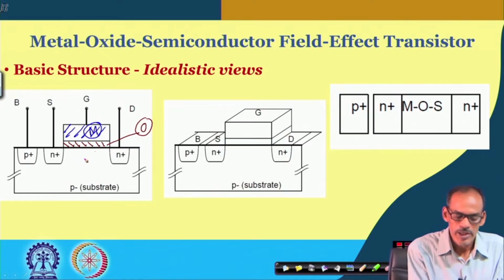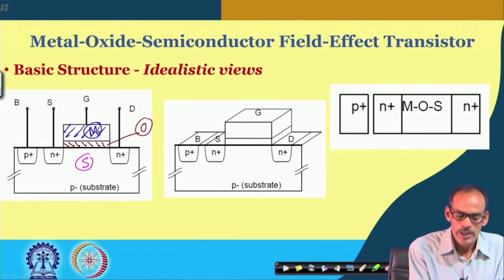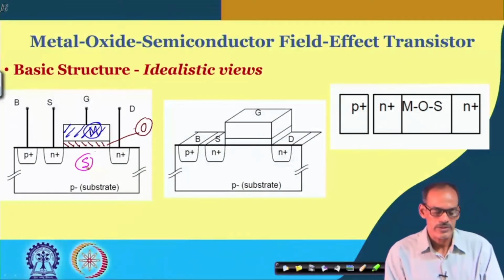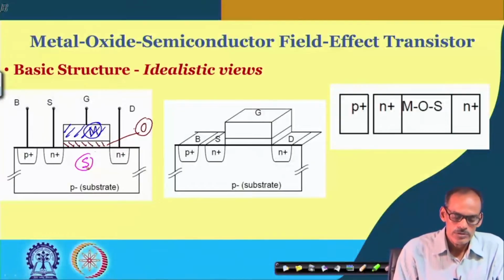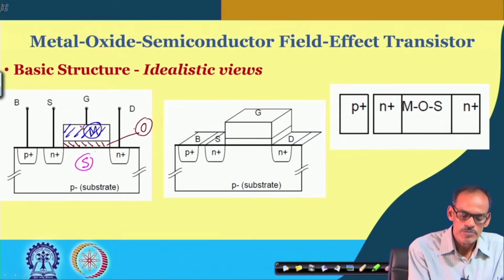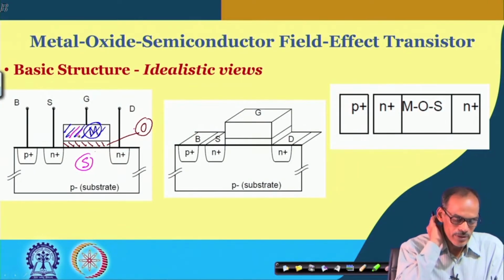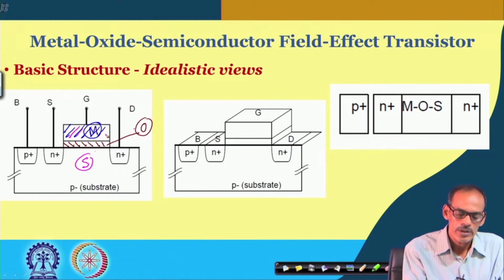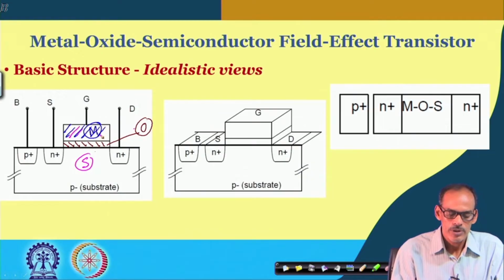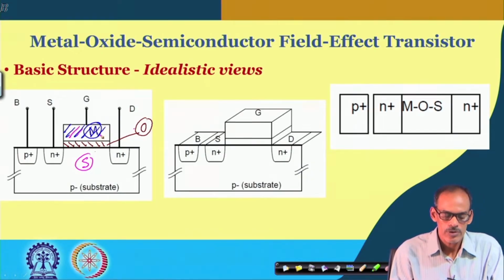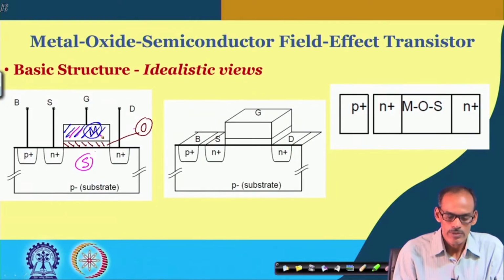So, that makes the MOS structure. Historically, this portion was metal, but later on it was observed that instead of metal, it is better to use polysilicon for tuning the threshold voltage of both NMOS as well as PMOS.